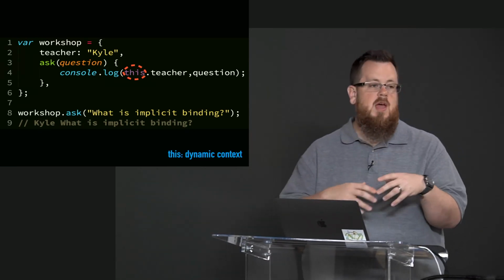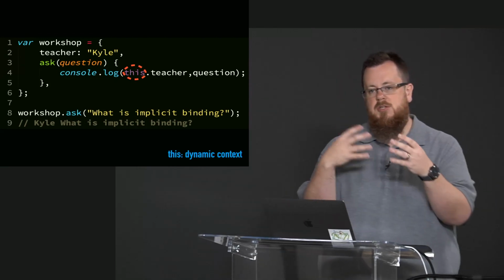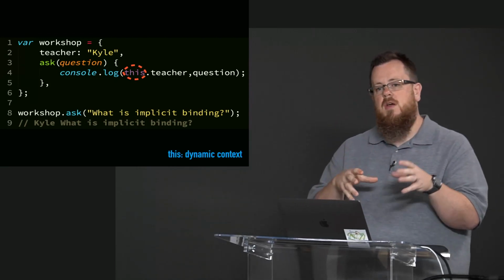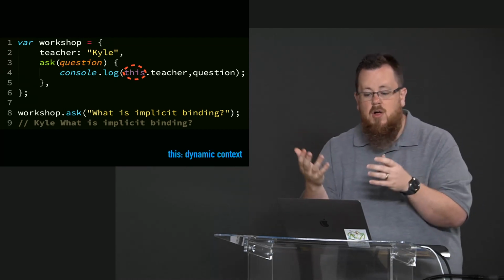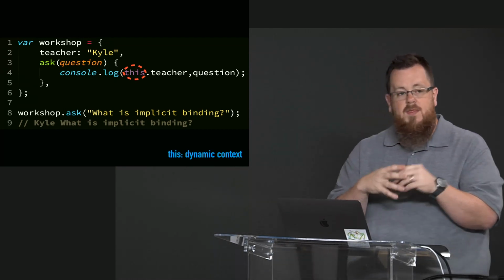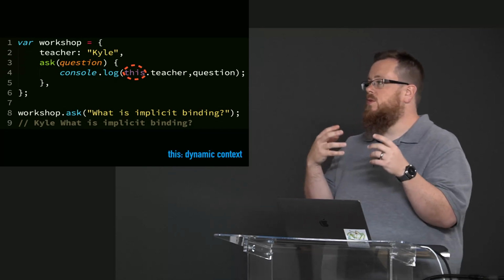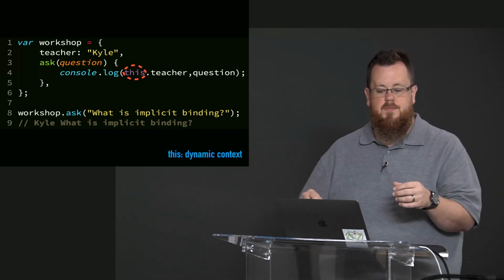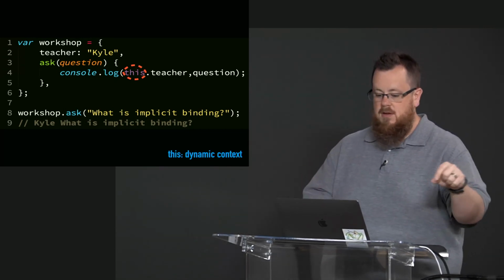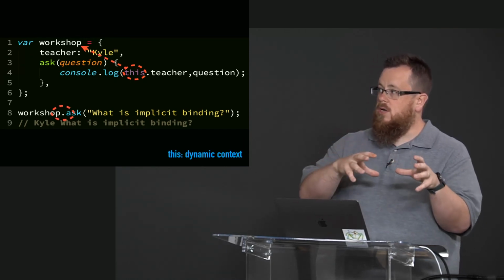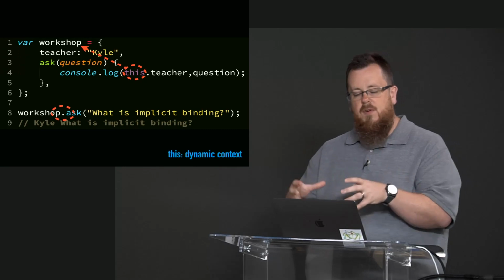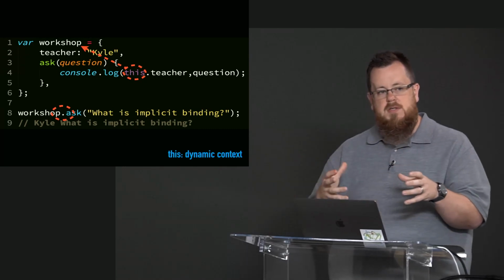And in particular, we have a set of rules. There are actually 4 rules that determine, for how a function's called, what its this keyword is going to point at for that call. And this is one of those rules, which we would call the implicit binding rule. It means that at the place where the function is called, down on line 8, you'll notice that there is a workshop object in front of the reference to the .ask method.